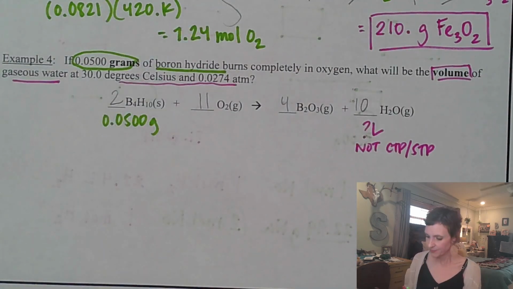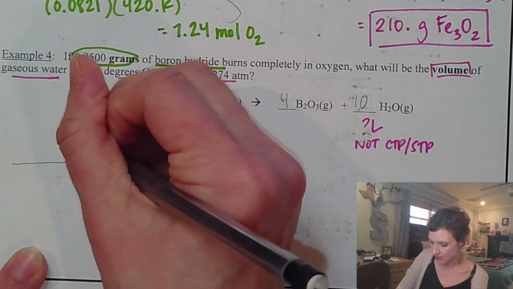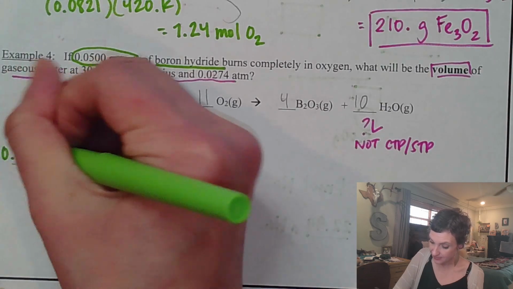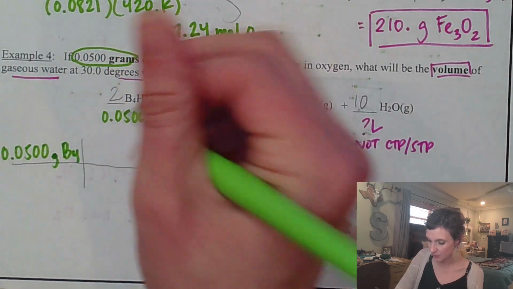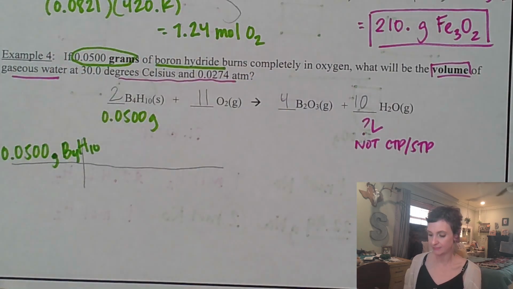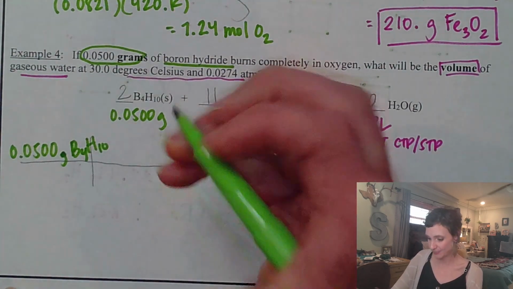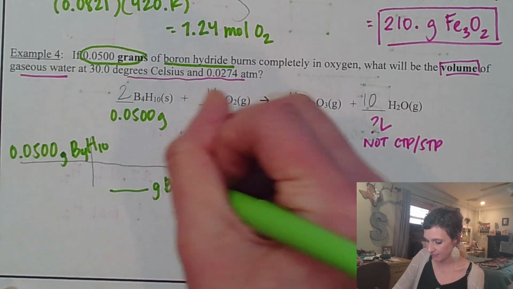Okay, so let's go. I'm going to set up stoichiometry because I have to do stoichiometry first. Grams, yep, got to stoich that. So I'm going to start with my 0.0500 grams, never given myself enough space. When will I learn? B4H10. Well, if I have grams of B4H10 up here, I have to have grams of B4H10 down here, which means the periodic table is going to help me out, right?